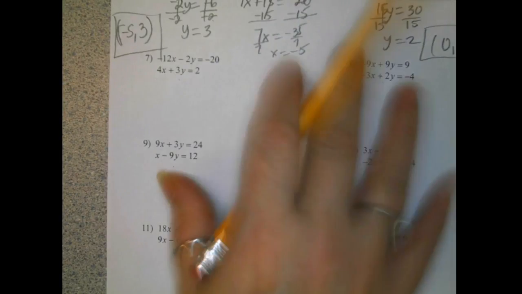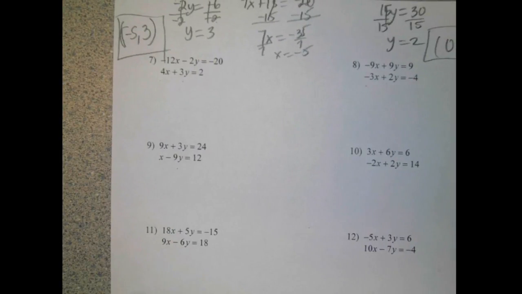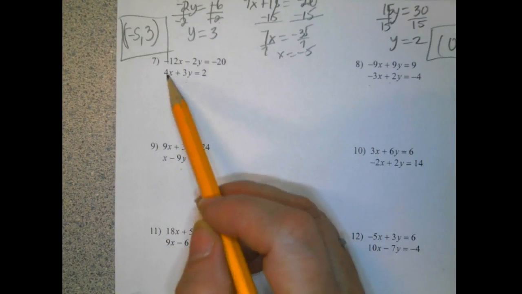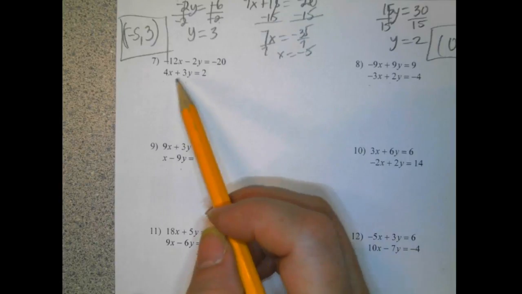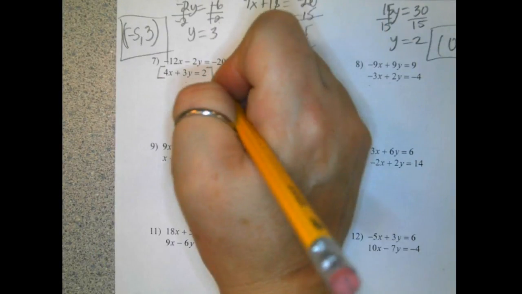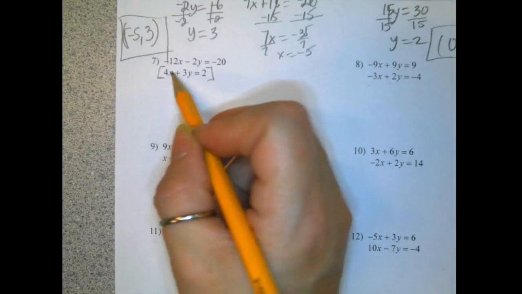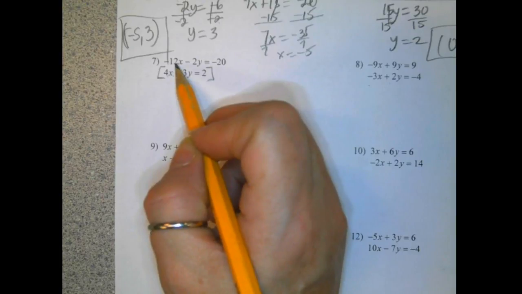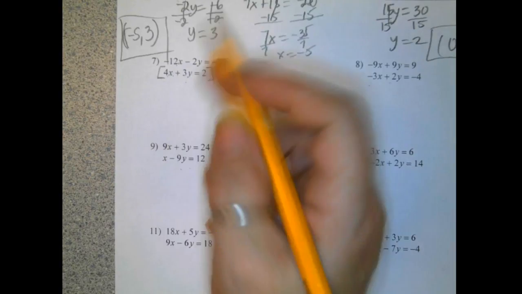All right, so obviously we're going to have to do some multiplying, right? So let's look. Can I turn 4 into 12? Yes, so I'm going to have to multiply this bottom row, right? They have opposite sign, but they don't have same digit. What can I multiply 4 by to make it 12? A 3.